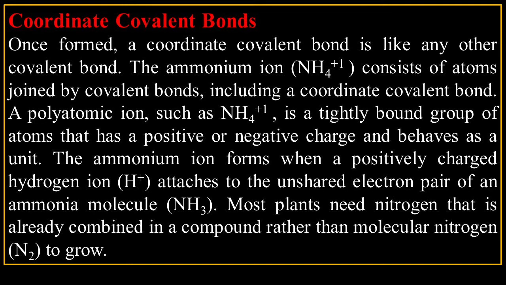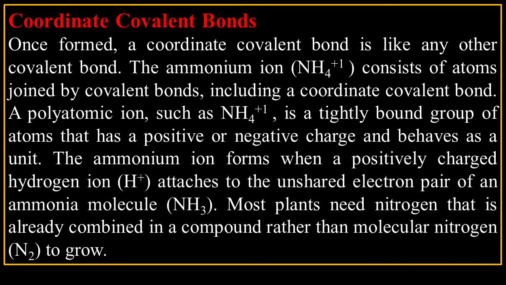The ammonium ion consists of atoms joined by covalent bonds, including a coordinate covalent bond. A polyatomic ion, such as NH4+, is a tightly bound group of atoms that has a positive or negative charge and behaves as a unit.